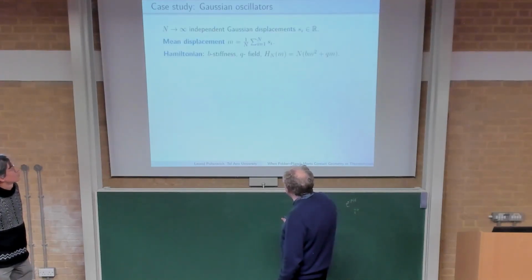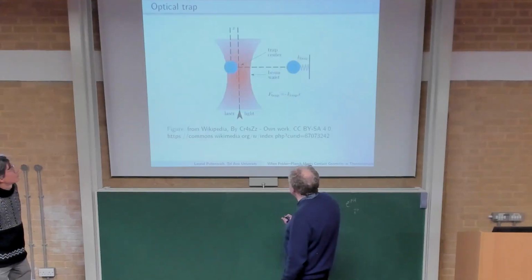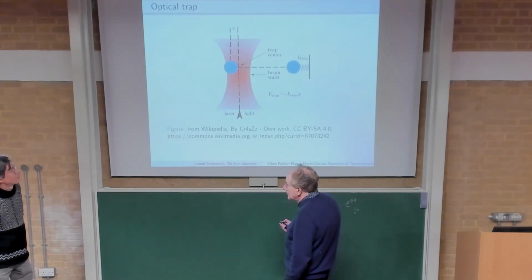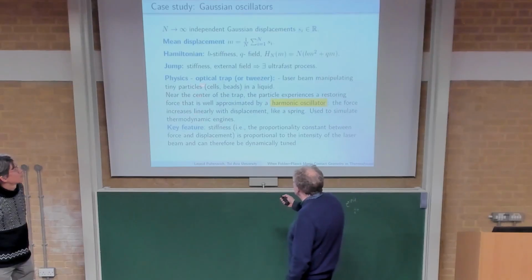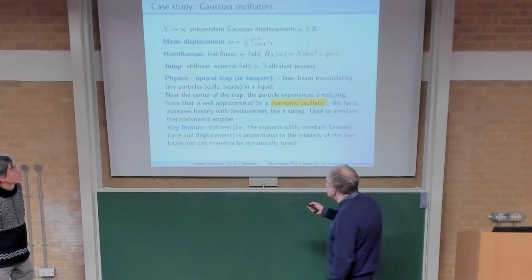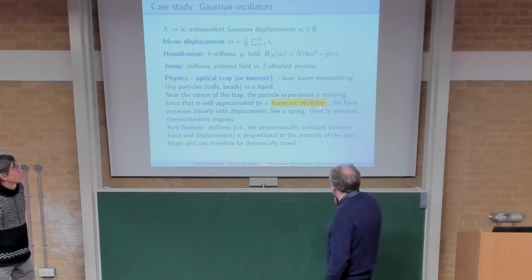So I want to consider the following thing. There is the notion of optical trap. Okay, so it's a similar model. You have a laser beam, right? Which allows you to manipulate tiny particles like cells and beads in a liquid. And near the center of the trap, the particle experiences a restoring force, which is basically a harmonic oscillator.